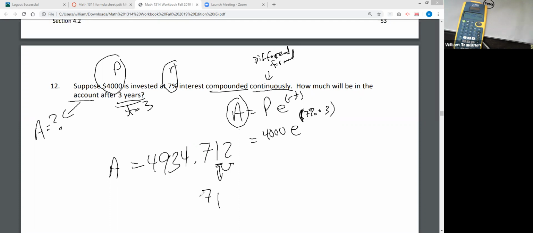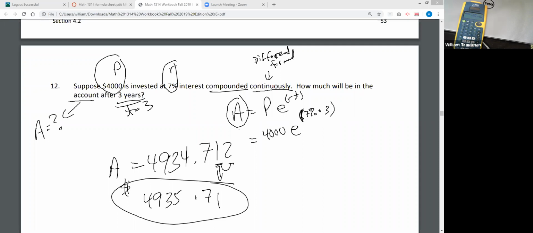Just leave it at 71. If it was 5 or more, you would add 1 to that cent. So once again, if I put $4,000 in the bank, I will have $4,934.71 at the end of 3 years if the interest is compounded continuously. Which means your computers are adding up your interest all the time.